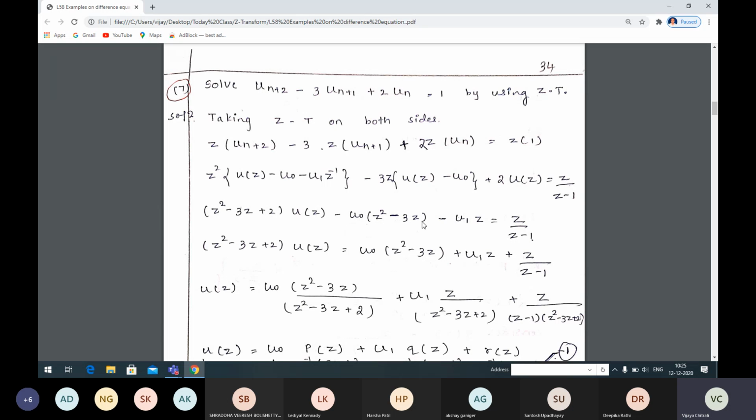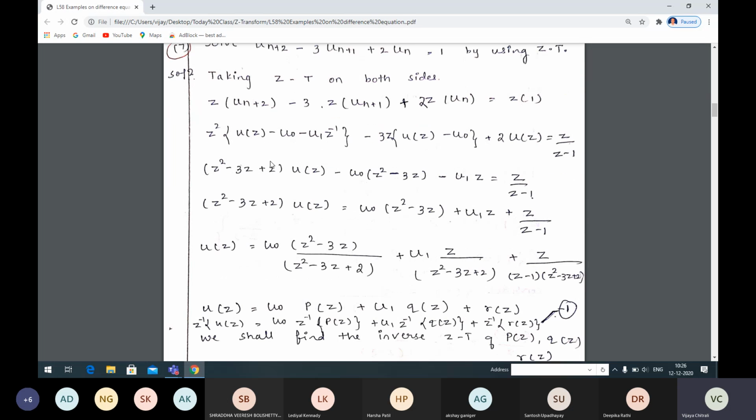So minus u naught times z square minus 3z. What is left is u1 z raised to minus 1, which is nothing but u1 divided by z. The 1 by z gets cancelled with the z, leaving u1 z with a negative sign, minus u1 z. This is equal to the right hand side, which stays the same, z divided by z minus 1.